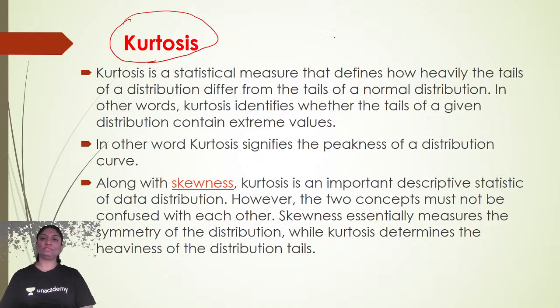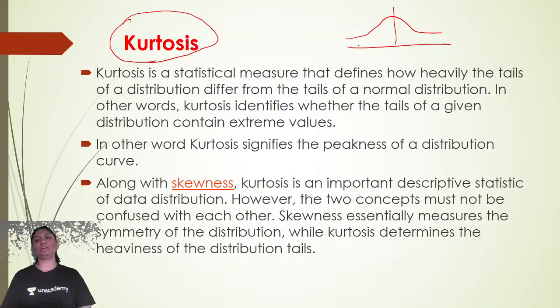Suppose this is your normal distribution. It is equally distributed. Now kurtosis tells you how the tails of a distribution differ from the tails of a normal distribution.